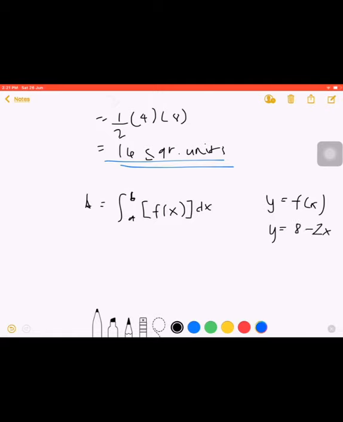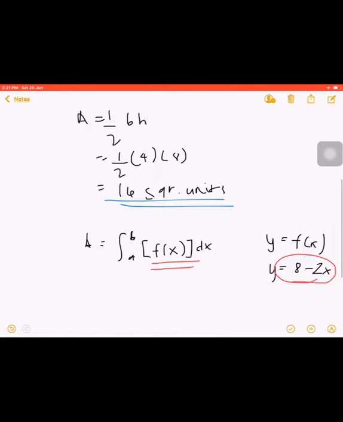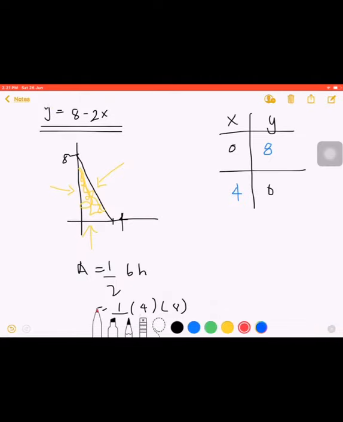So we can replace f of x with 8 minus 2x. Along the x-axis, from the point of origin, we are going to integrate from 0 to 4.